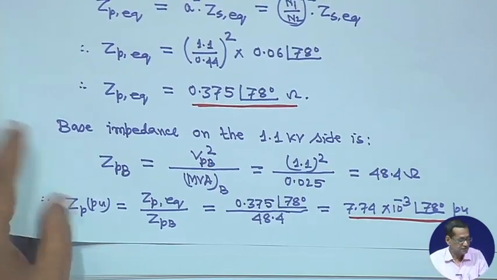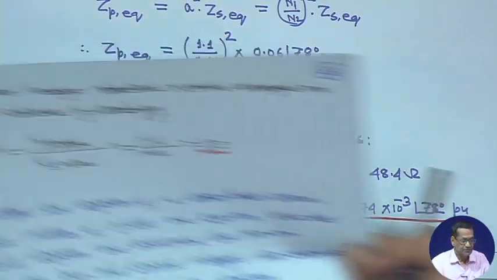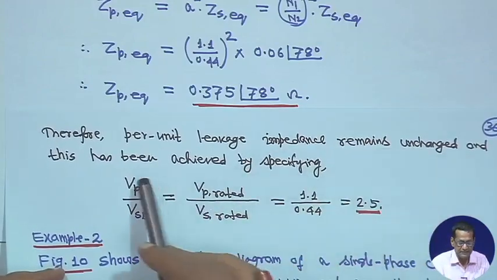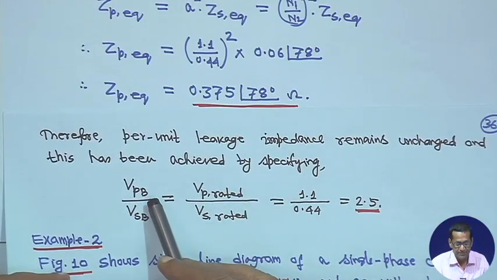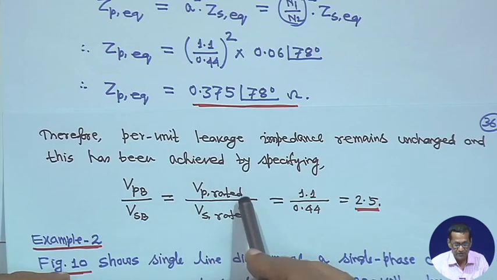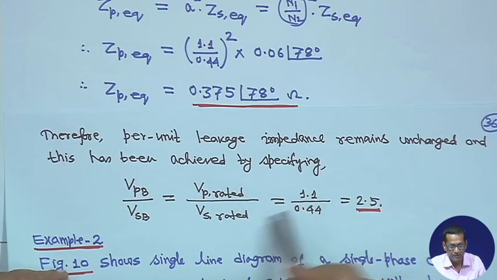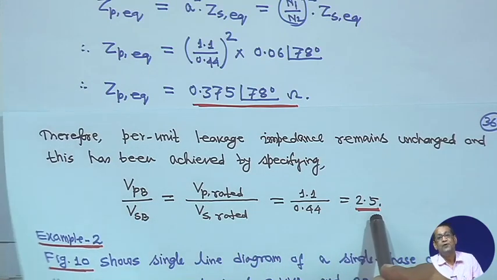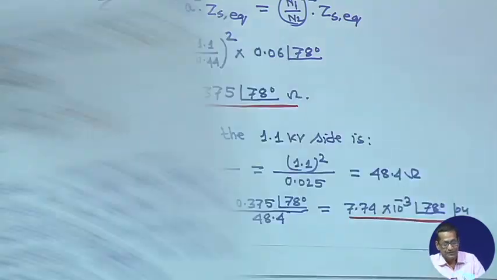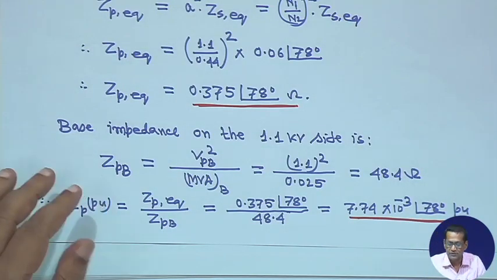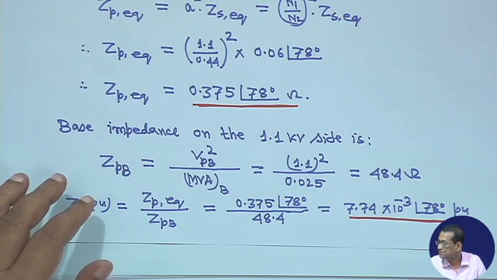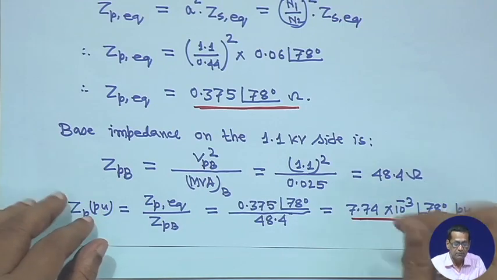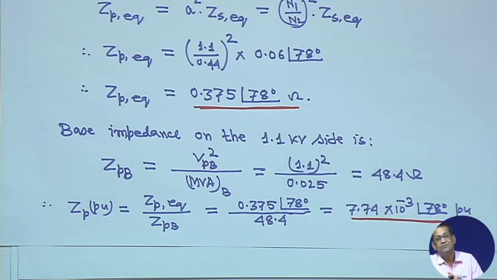Therefore, the per unit leakage impedance remains unchanged, and this has been achieved by specifying VP base upon VS base equal to the rated values, 1.1 kV by 0.44 kV, that is 2.5. So, this small example shows that whether you refer to the primary side or the secondary side, the per unit impedance will remain the same. Thank you.